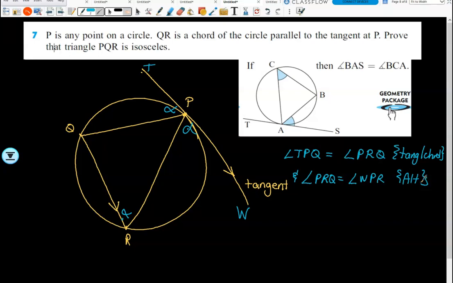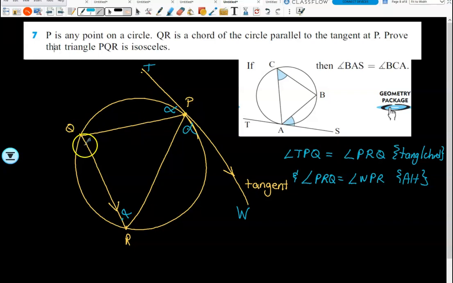Keep in mind, what are we trying to do? To make sure that it's an isosceles triangle, another angle has to be alpha. PQR is in fact, yes, but why is that also alpha? Yes, it could be alternate angle.